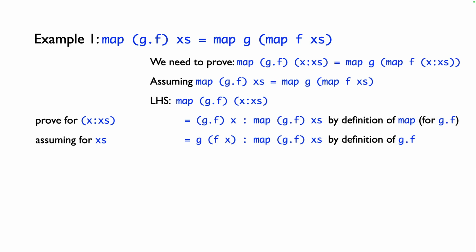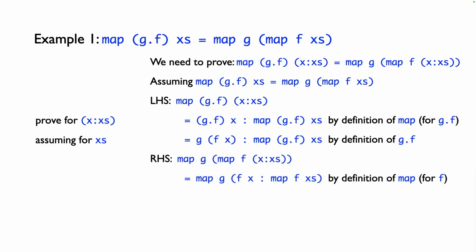So that's what we have for the left-hand side, and we can simplify that one more step. We know that g dot f applied to x is g applied to f of x. So the left-hand side is equal to g applied to f of x cons map of g dot f on xs. And we can't really go any further. But what about the right-hand side?